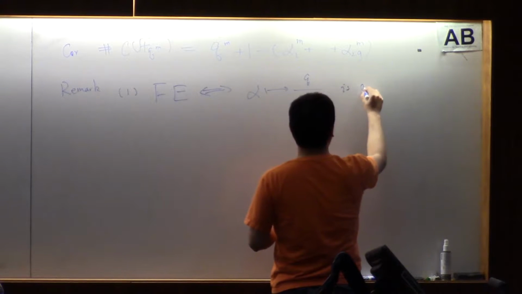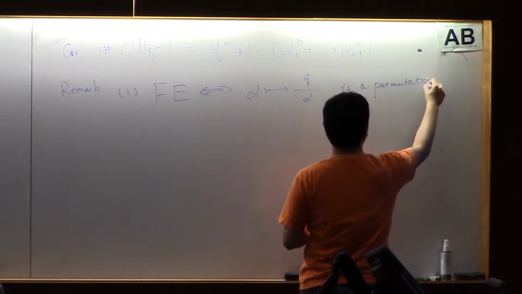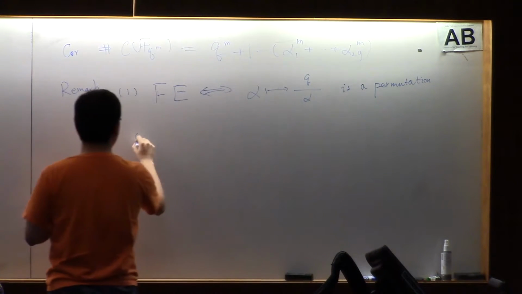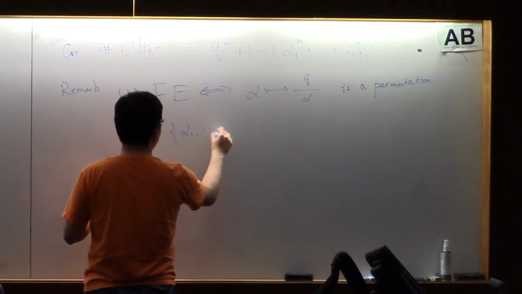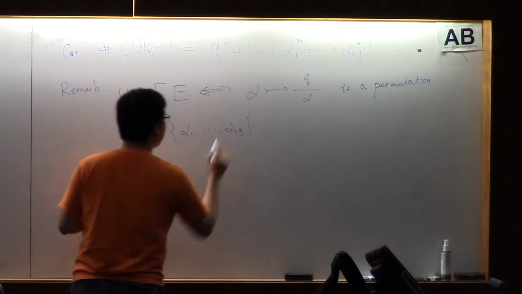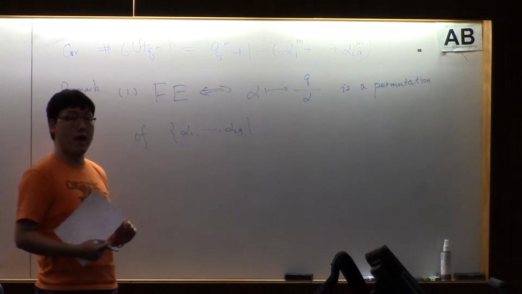This is a permutation of the set of alpha i. But this equivalence is true even if you don't know the Riemann hypothesis.